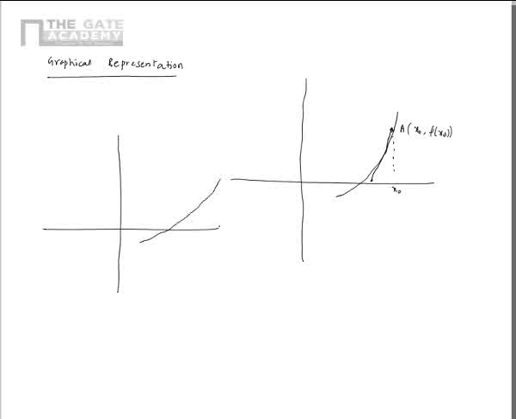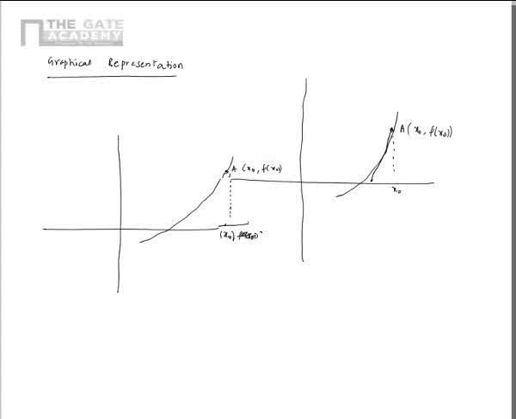So if I say that this is the curve and this is the point, okay, and this point is x naught, and this point A is x naught f of x naught.